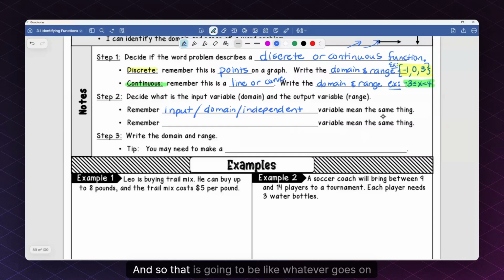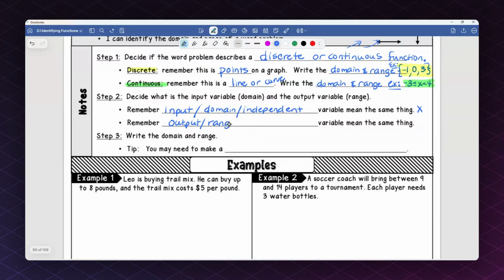And that is going to be whatever goes on your X. And then remember, output, range, and dependent variable mean the same thing. And that's what's going to go on your Y.